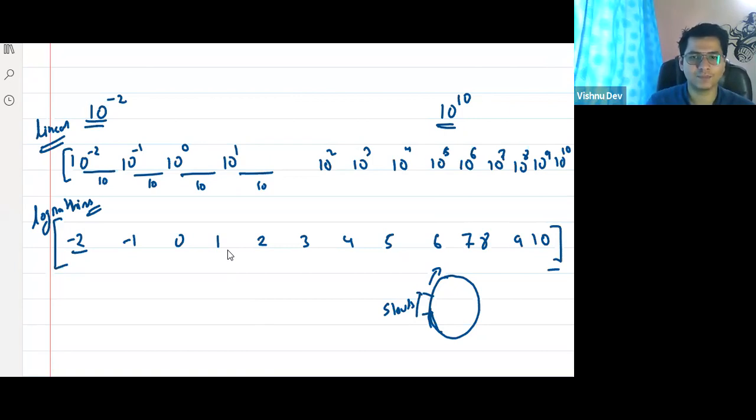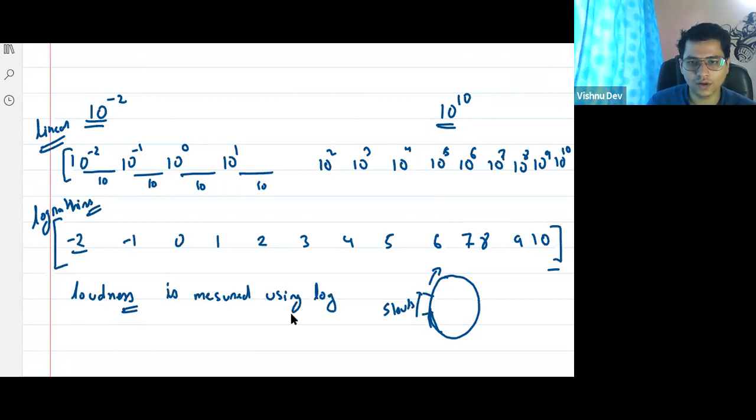Because loudness increases very fast, it is measured in log units, using this logarithmic scale. Okay, understood? And there are many applications, but this is one that we have all used without knowing it.